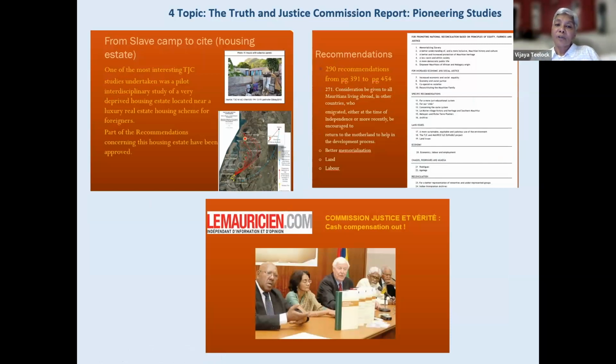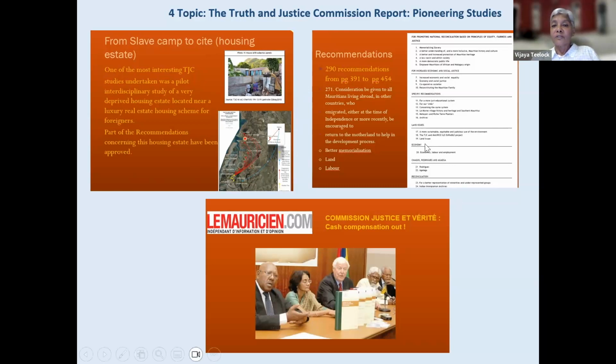The anthropologist who did the research was able to show that the descendants of slaves up to the modern period, their children and their grandchildren, all came from the same area and then moved out of Mauritius, but some of them landed in this housing estate. So this was quite an important revelation that the genealogies of people could be reconstructed very easily from this.